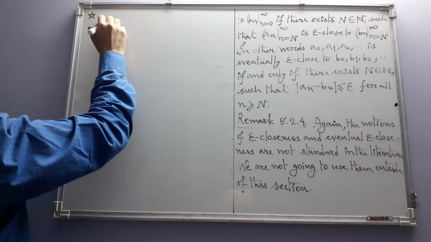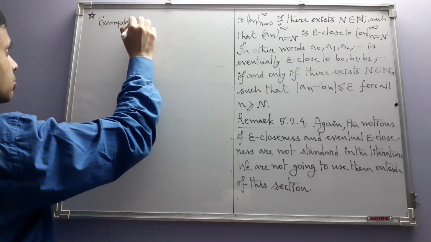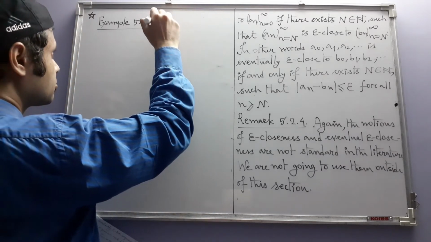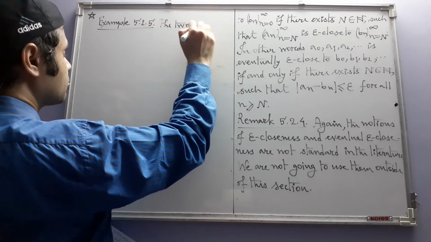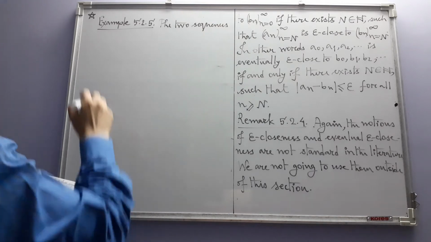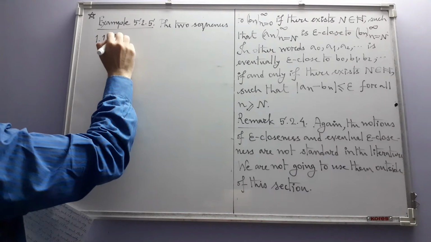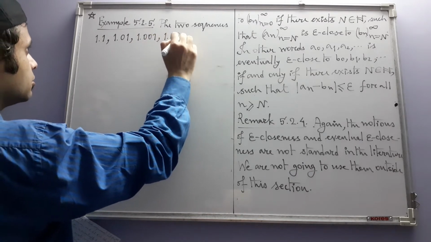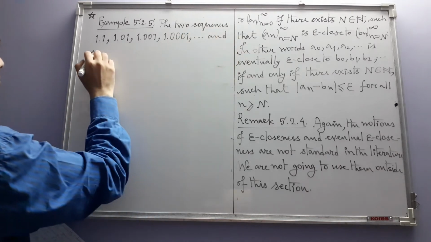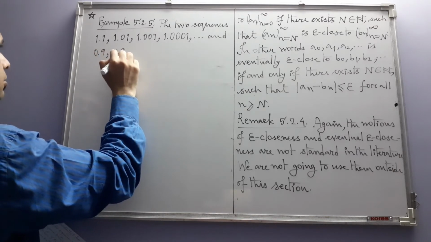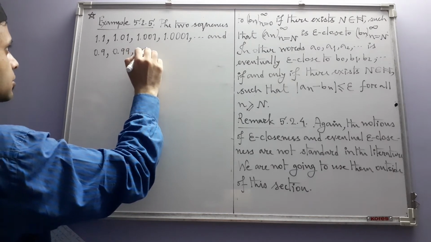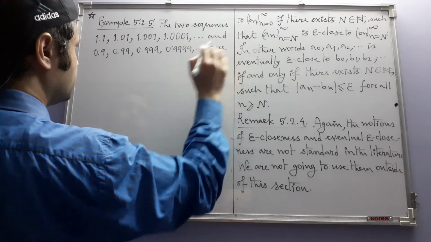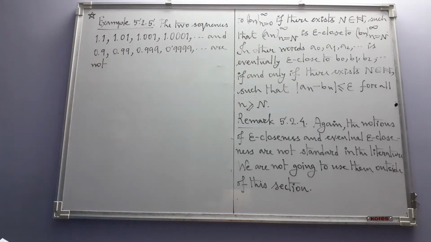Example 5.2.4. The two sequences 1.1, 1.01, 1.001, 1.0001, etc. and 0.9, 0.99, 0.999, 0.9999, etc. are not 0.1 close.